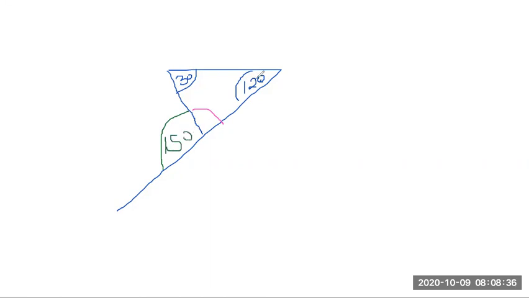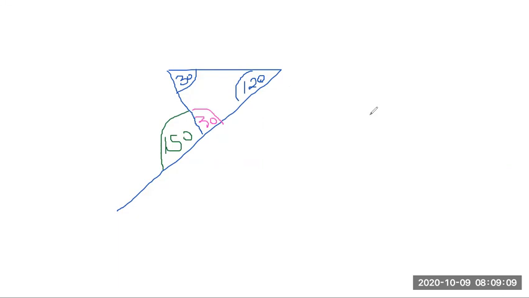And then the pink one, since this whole thing has to be 180, the pink one is 30. But you could also check and add the 120 and the 30 and realize that's 180. All right, that's just a brief summary of how these exterior angles work.